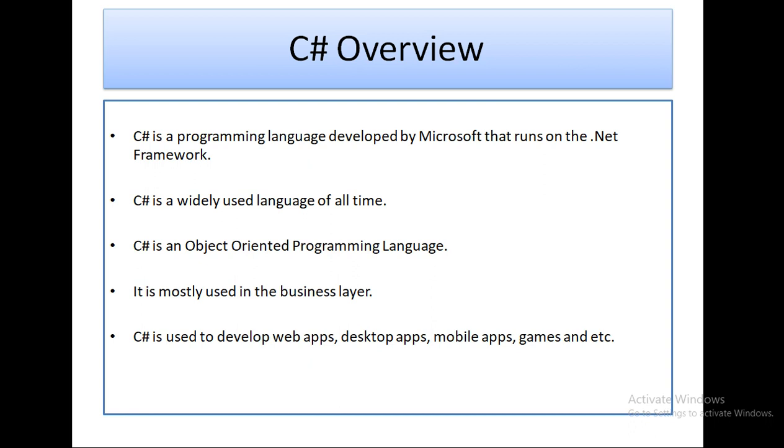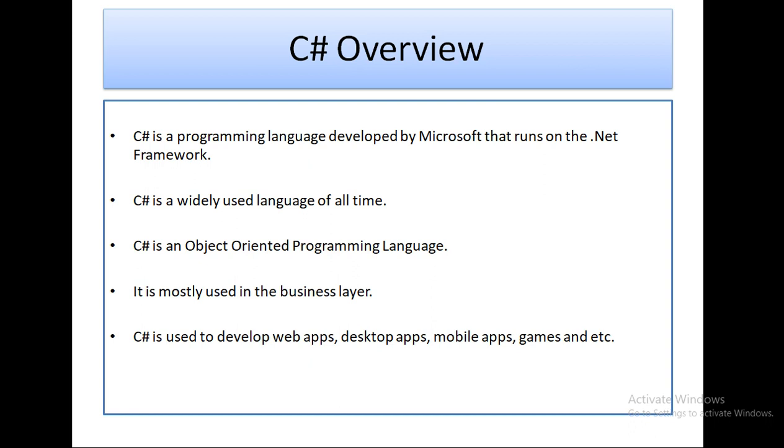One application should have 5 to 7 layers in it, and the business layer is one of them. What work we can do in the business layer, we will discuss separately in a different session. For now you can remember that by using C sharp we can mostly work in our business layer.